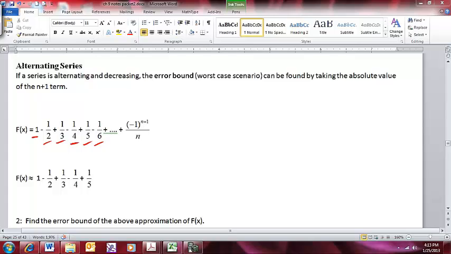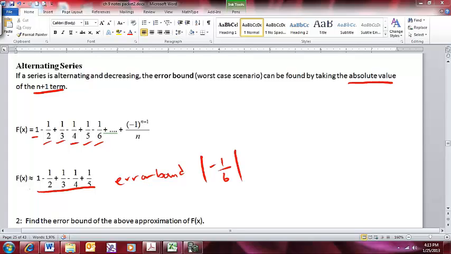So all we have to do is take the absolute value of the next term. If I'm looking at finding the error bound, the function is approximately wherever we stop. If we're looking at the 5th degree, the error bound would be the absolute value of the next term, negative 1 over 6.